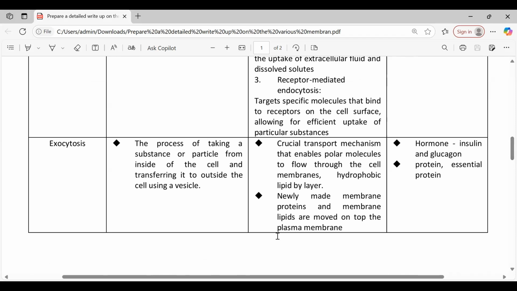Newly made membrane proteins and membrane lipids are moved to the plasma membrane. Examples are hormones such as insulin and glucagon, and some essential proteins.